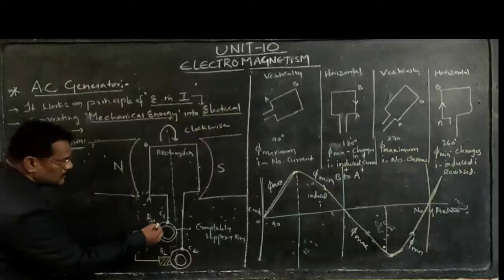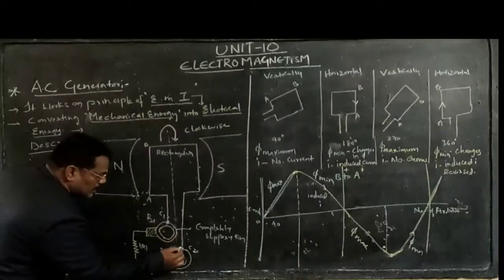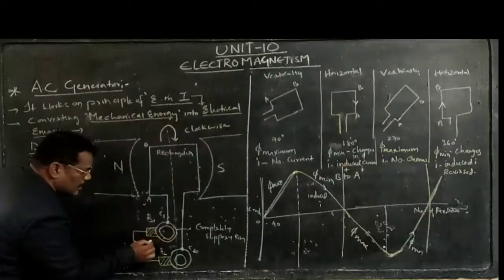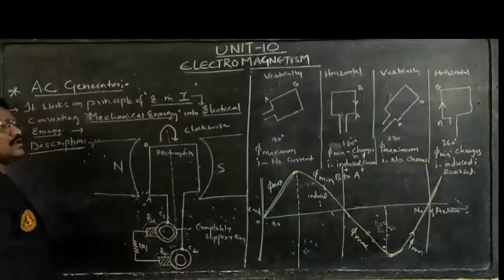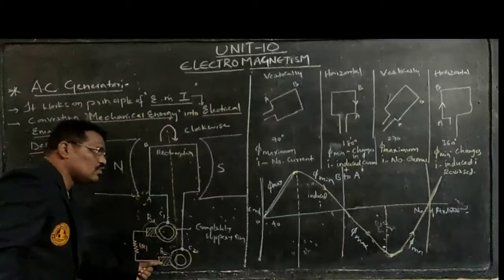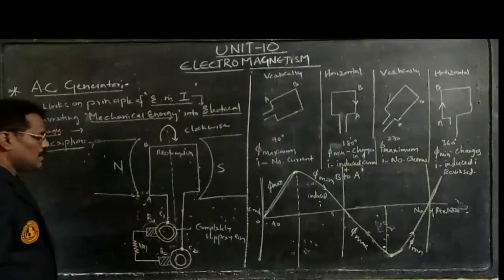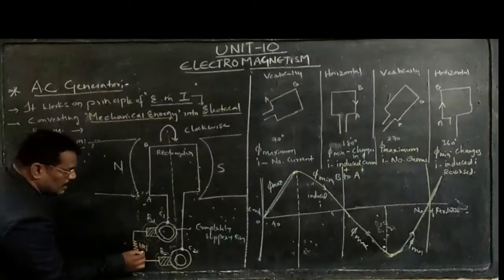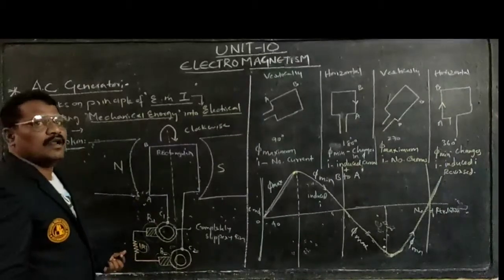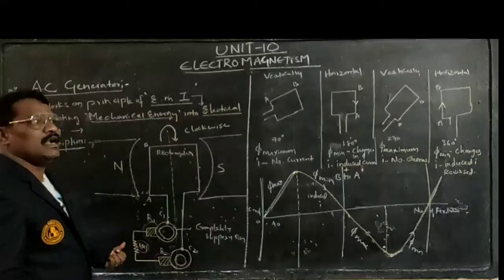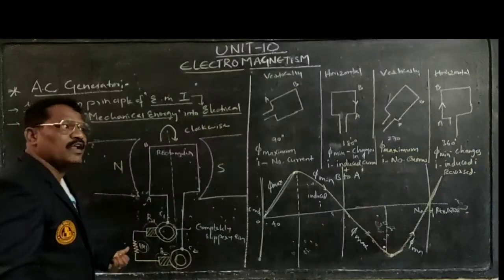Then for that C1 ring as well as C2 ring, B1 brush as well as B2 brush are also connected. For these two brushes B1 and B2, by means of connecting wire, a resistor R is connected, to show whether current is produced in the coil or not.